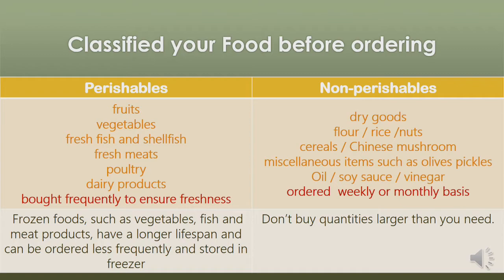Just a reminder, always keep this in mind: just because they have a longer life, you might think you need to buy a lot to keep the cost down. No, that is not a good idea. Don't buy too much quantity for your storage.